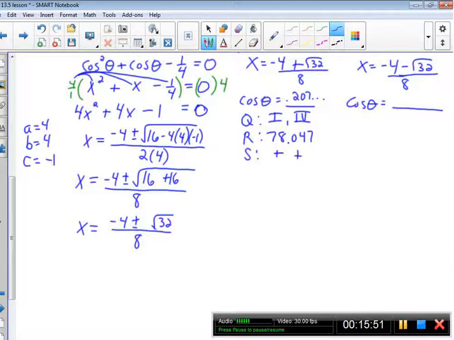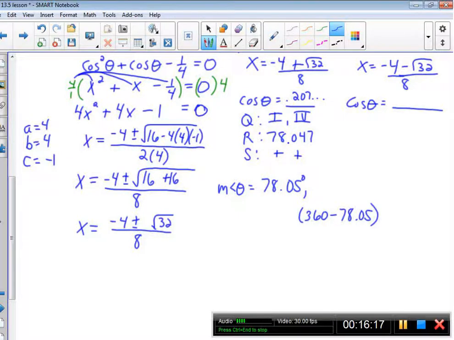This is reminding me I'm positive, so the measure of angle theta so far is 78.05. And I have to do 360 minus 78.05, and that's 281.